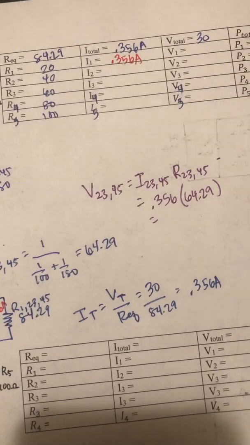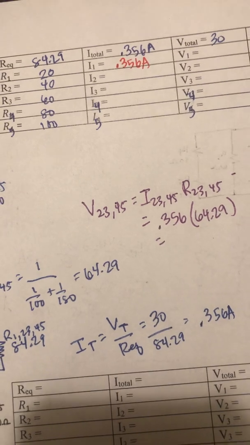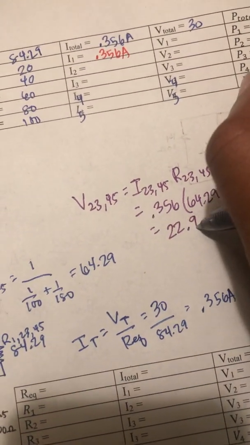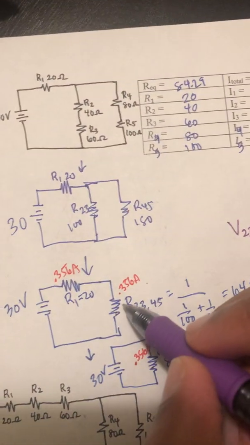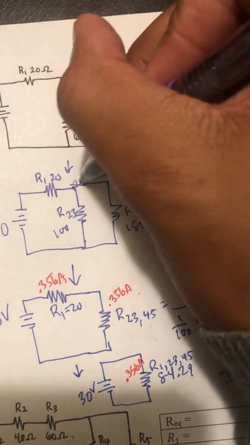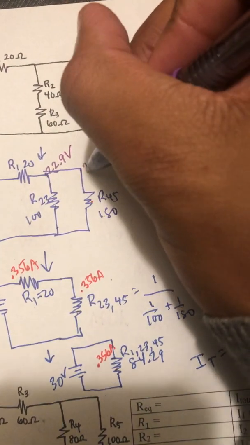Let me calculate what that is. That gives me 22.9 volts. So that means this is 22.9 volts. That means for R23, that's 22.9, because they're in parallel, same voltage. And for R45, 22.9 volts.